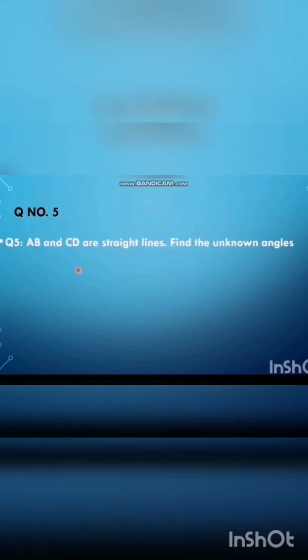This is our question number 5. AB and CD are straight lines. Find the unknown angles. We have a straight line, A and B. Now we have another straight line, C and D. Now two pairs of angles are formed.